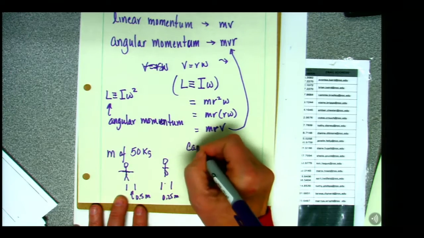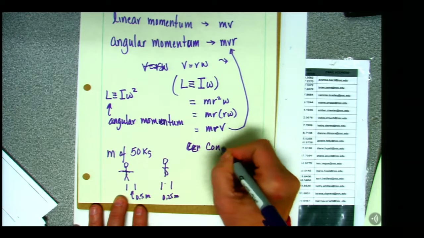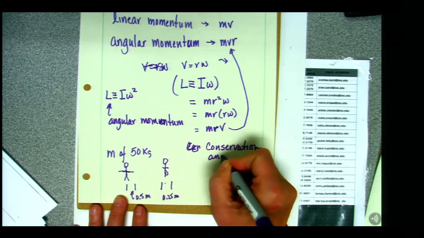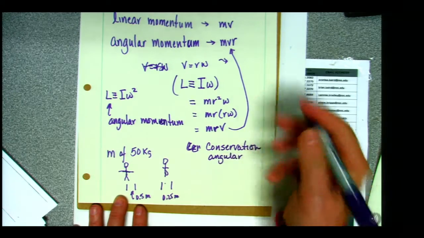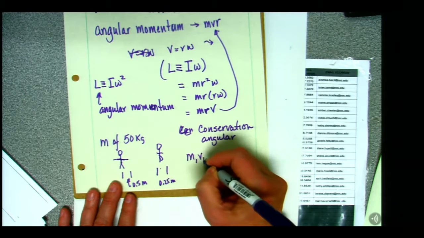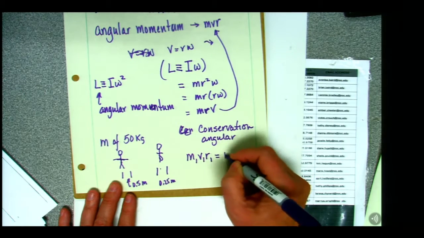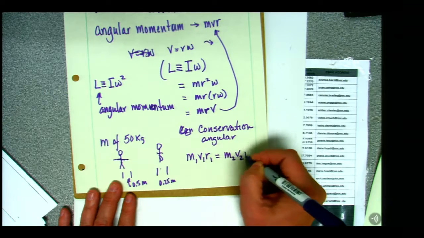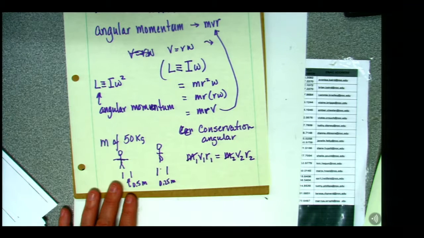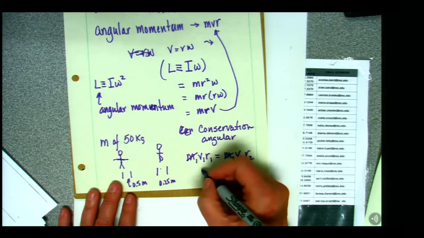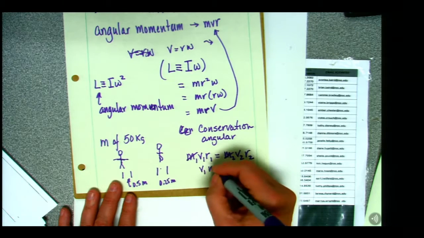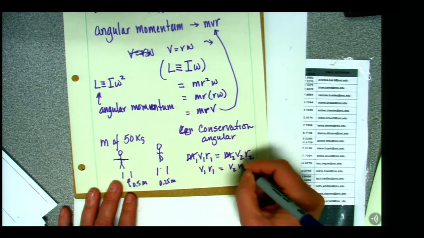We have conservation of angular momentum, just like we have conservation of linear momentum. So mass 1, velocity 1, radius 1 has got to equal mass 2, velocity 2, radius 2. Masses are the same. We didn't change masses. So now, if I go from one to the other, velocity 1, radius 1 is equal to velocity 2, radius 2.